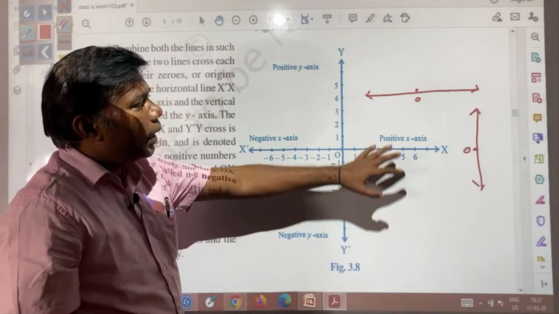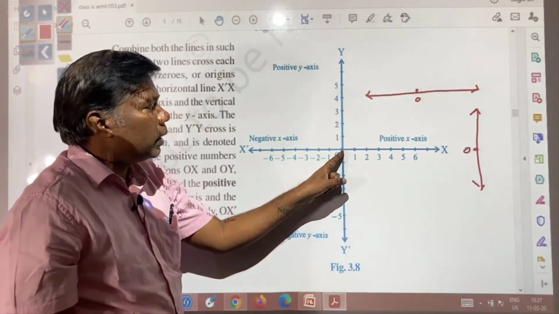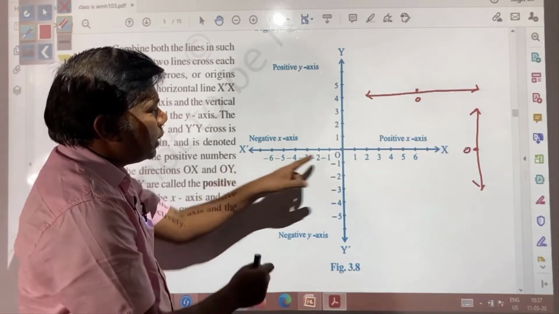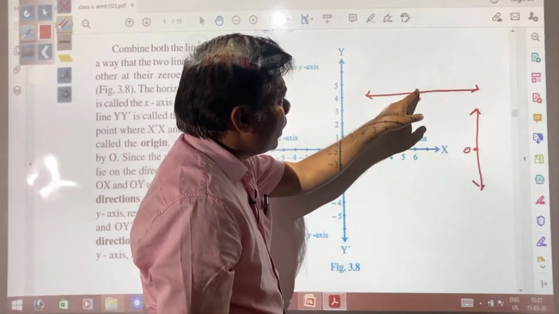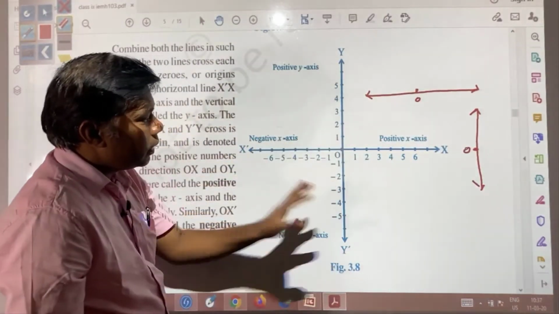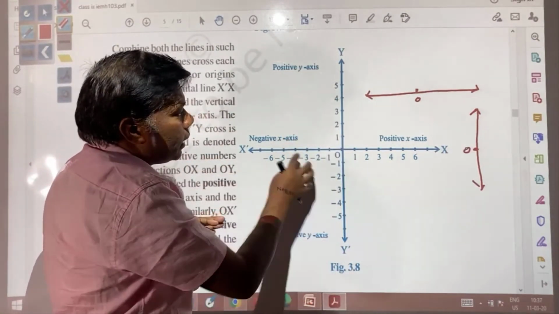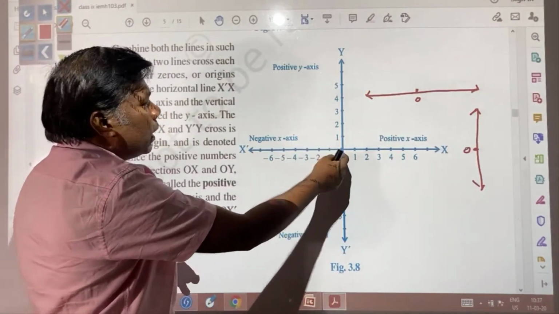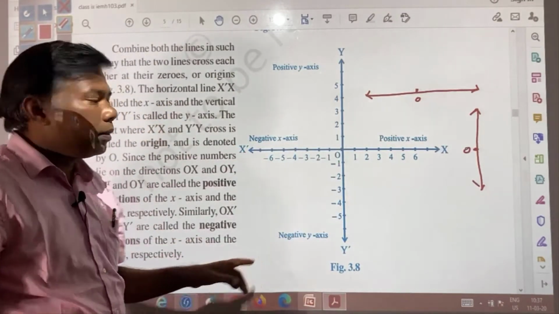We have combined both the lines where their origins intersect at the same point. So the origin of the x-axis is here and the origin of the y-axis is also here. Here you see the x-axis and y-axis, this is the positive axis and this is the negative axis.